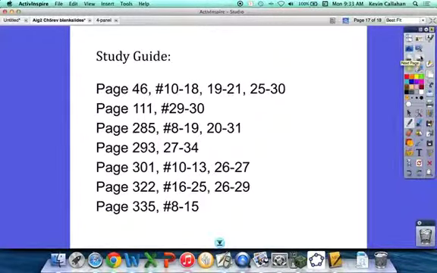This is the study guide in terms of the pages and the problems. Again, you don't have to do them all, but you should be doing some from every group in order to make sure you understand what's being tested. I'd even recommend making yourself a little practice test by taking a problem from each group and just doing it blind and seeing how you do.